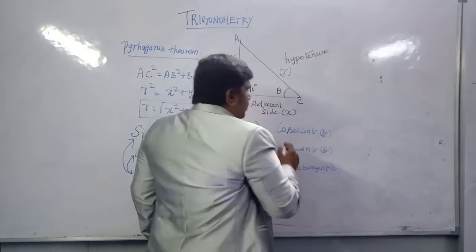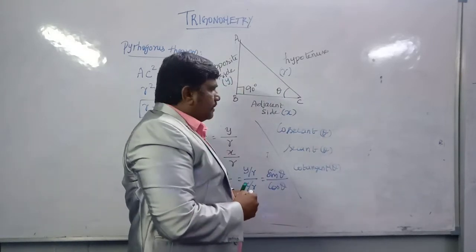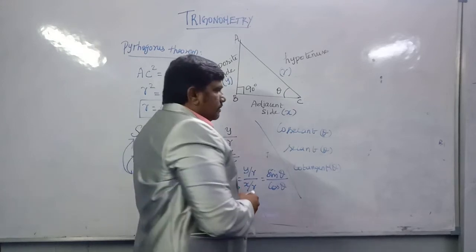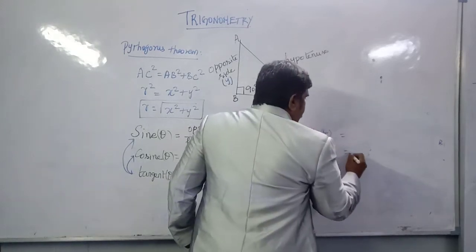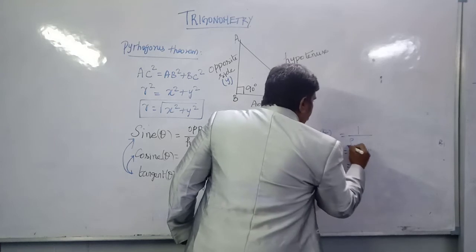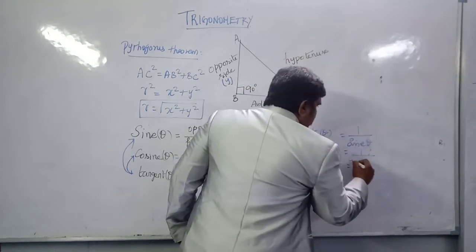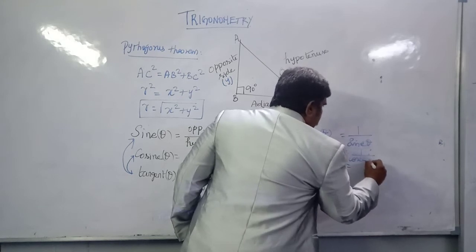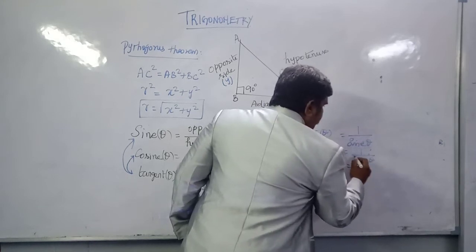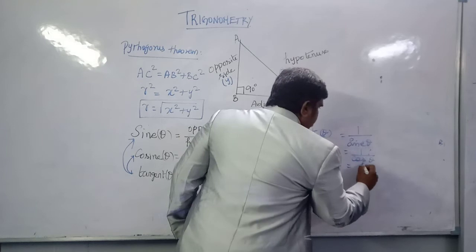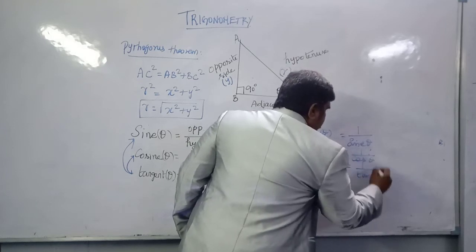Cosecant is equal to 1 by sine theta. Secant is 1 by cos theta. Then cotangent is 1 by tan theta.